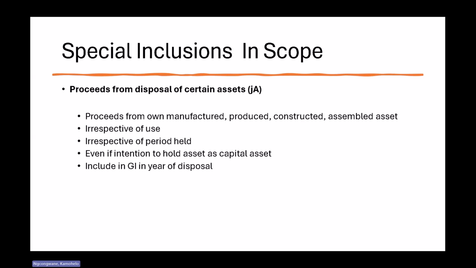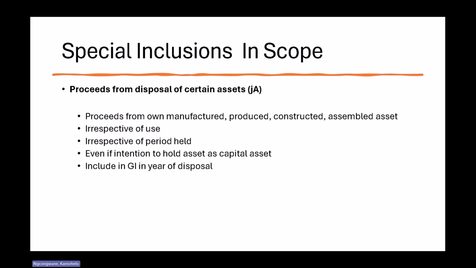My intention has been to build and hold, but my intention has changed from build to hold to build to sell. That goes into my gross income. But if I'm a company that produces these kinds of assets myself and I sell them, irrespective of what I use these assets for, irrespective of what my intention is, the value of that asset when I sell it goes into my gross income.